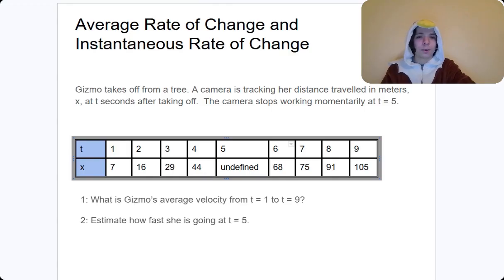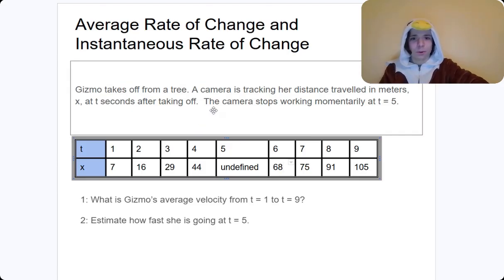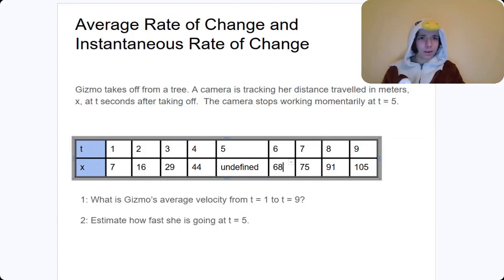We have 44 and 68. So 68 minus 44 gives us 24, and 6 minus 4 is 2. That's 24 over 2, which is 12. So you could say at t equals 5, Gizmo might be going around 12 meters per second.